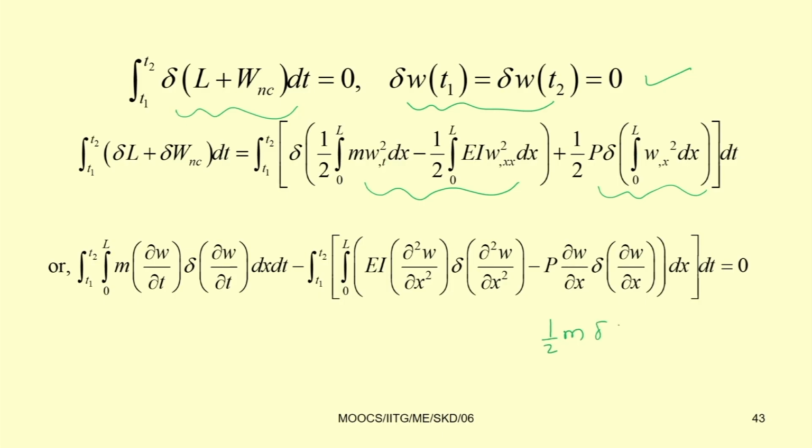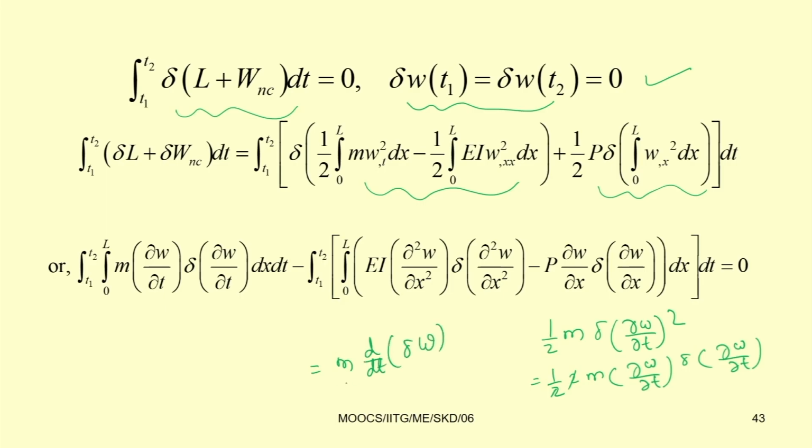This is delta of (del W by del T) square. This part you just expand. So, this will be equal to half into 2 into m into delta of del W by del T. This thing I have already explained. So, this will be equal to m, and you can exchange this. By exchanging this, it will be m d by dt of delta W.